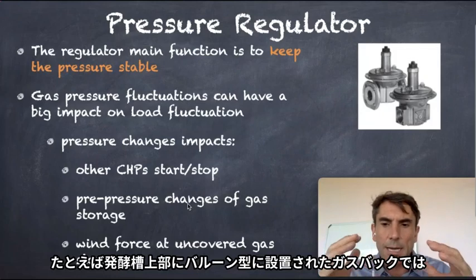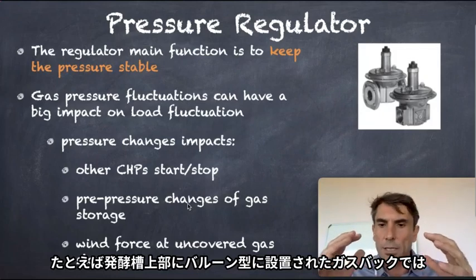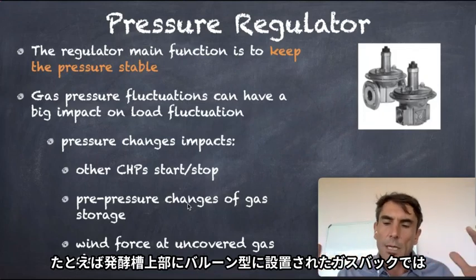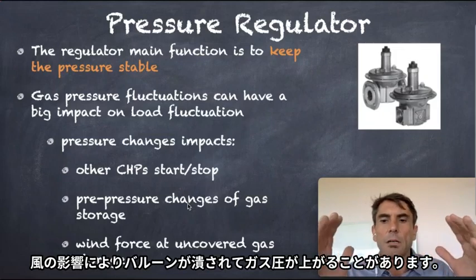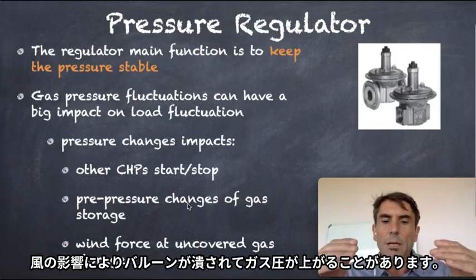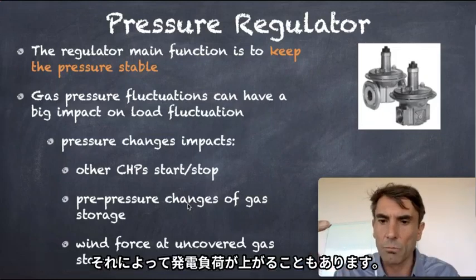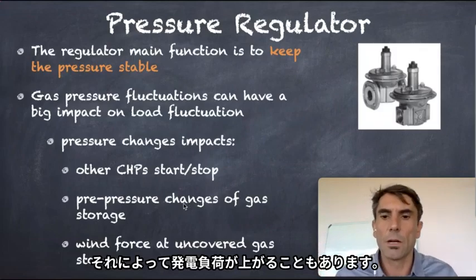There are designs with a gas storage on top of the digester that looks like a rubber balloon. If wind presses on this cover, that will have an impact on the gas pressure as well, which could have an impact on the engine load again. Okay.